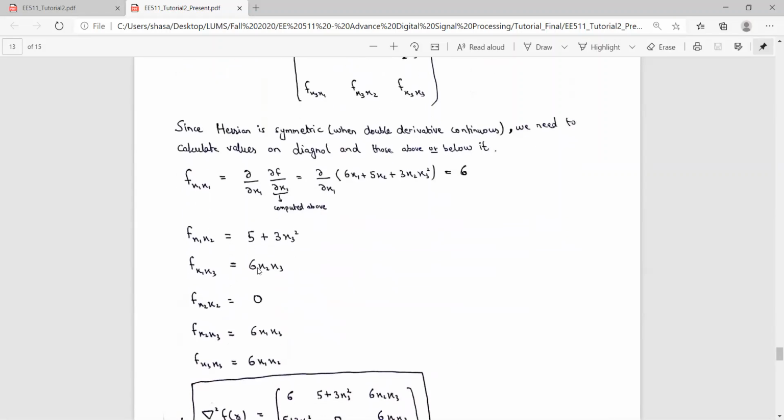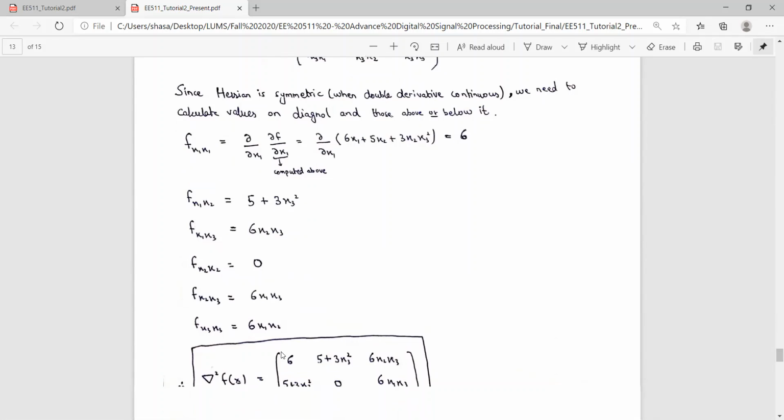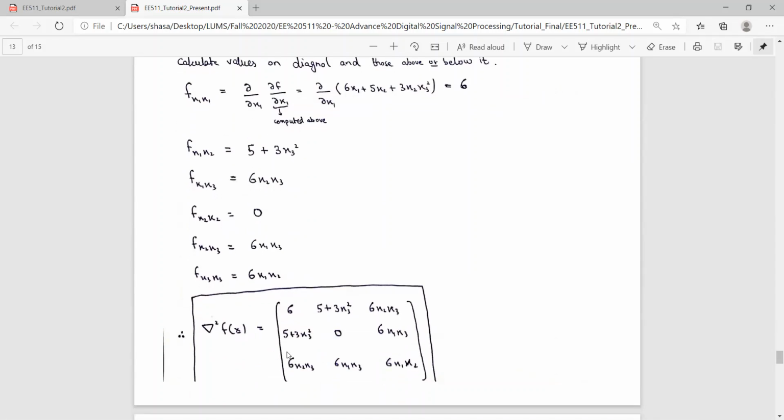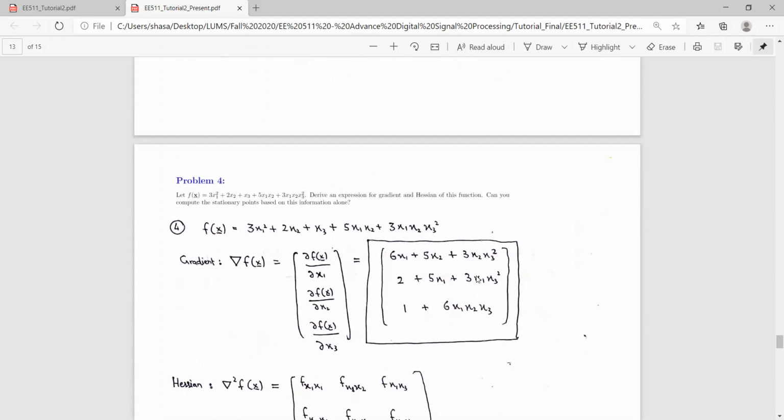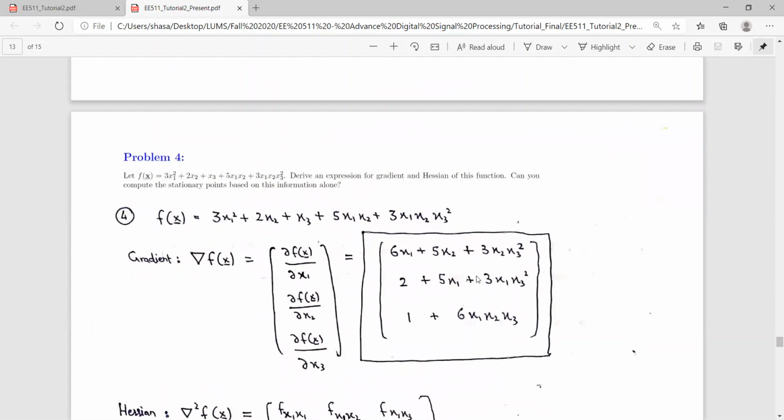We repeat the same procedure for the other terms. We compute the 6 terms and then we combine them. The remaining portion was: can you compute the stationary points based on this information alone? Well, this is something we have also seen in class. And how do we do it?